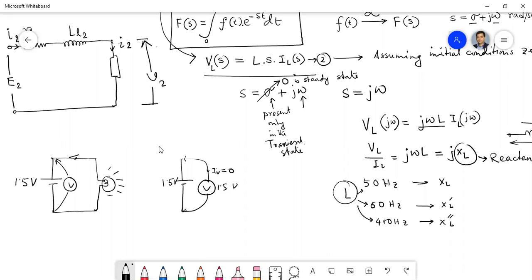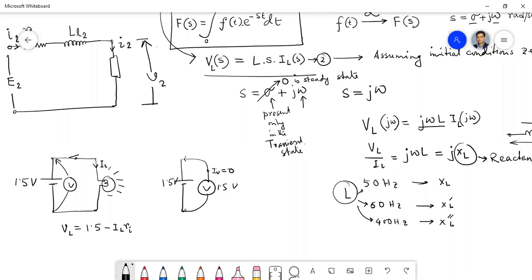But once you connect some load with this battery, and the load is drawing some current through it, the battery has its own internal resistance. Any battery will have its own internal resistance. Then the voltage that you will get in this case will be less than 1.5 volts, and that is due to the internal resistance of the battery.